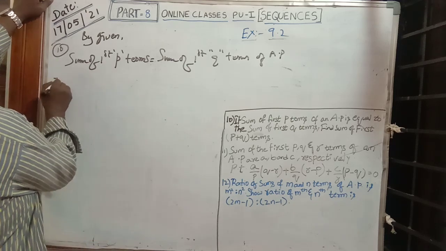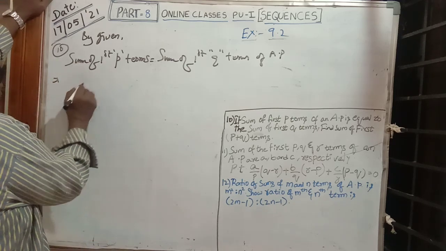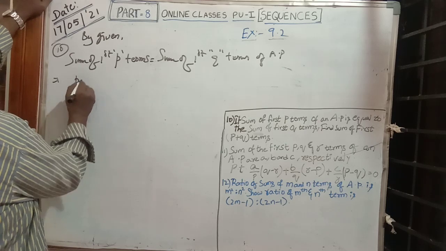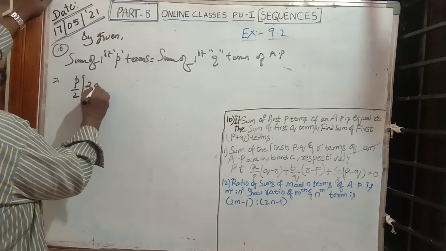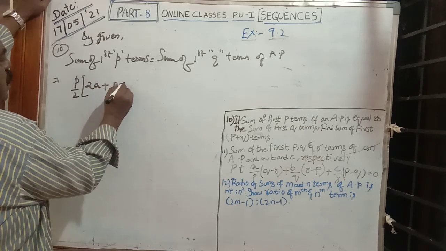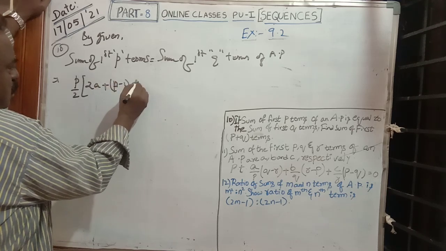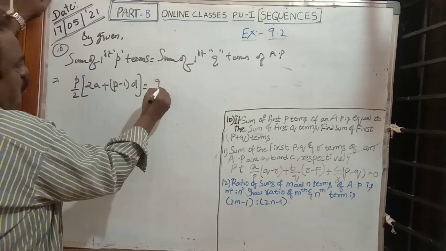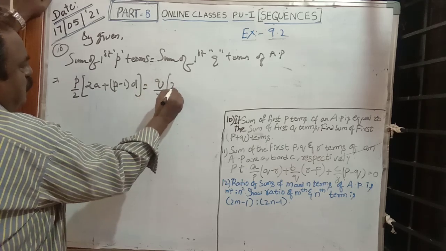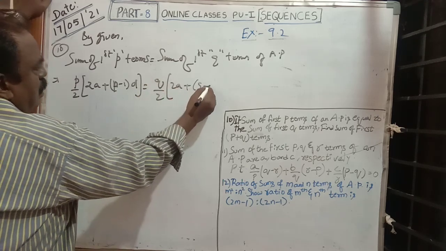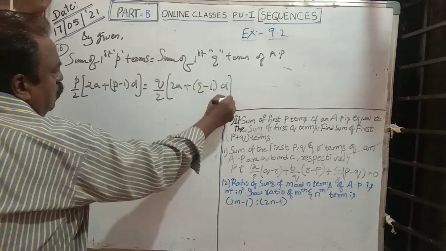You see, the first p terms sum is p by 2 into (2a plus (p minus 1) d), which is equal to q by 2 into (2a plus (q minus 1) d).